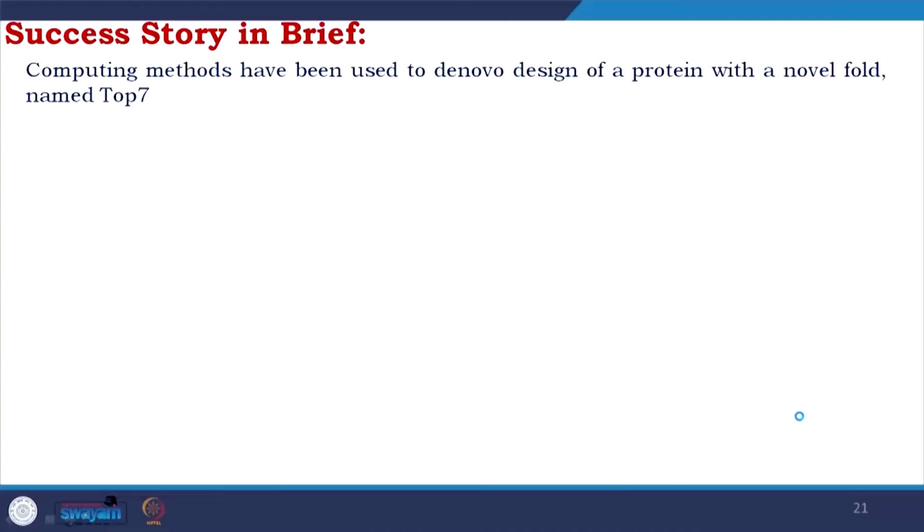I have already talked, but computing methods have been used to de novo design a protein with a novel fold named Top7. You all remember in our previous classes we talked about that. Top7 is a protein designed in David Baker's lab with the help of the Rosetta software. This is the first protein which was expressed, and the determined structure clearly established the fact that in nature we do not have such a fold.